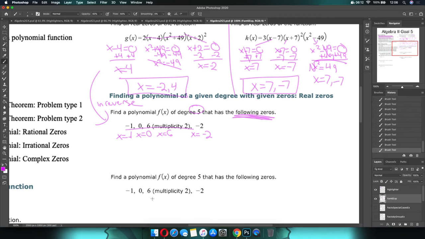So is it set to 0? Nope, gotta do that. So x plus 1 equals 0, x equals 0, x minus 6 equals 0, and then x plus 2 equals 0. Well, gosh, don't those look like parentheses we can handle? So we have x plus 1, we have x minus 6, and then we have x plus 2 equals 0.